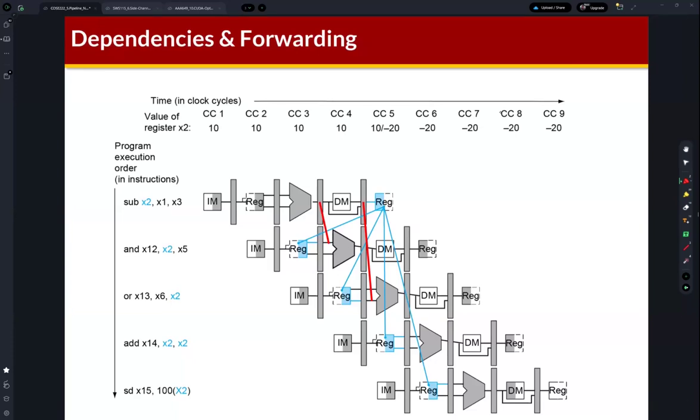As you can see, the x-axis represents the time, the clock cycles. Then the y-axis represents the instruction stream, right? And the sub instruction stores the data to the x2 when the sub instruction is in the write back stage.